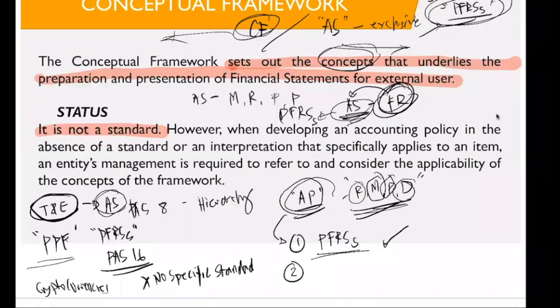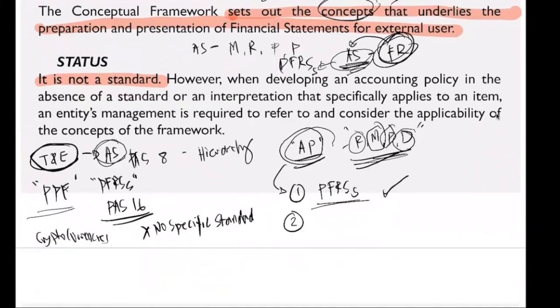Since there is no specific standard, what do we use? Okay. If there is no specific standard, an absence of standard, you must use judgment. In using your judgment, you must refer to the following. First, your other PFRSs. Sir, what do we mean by other PFRSs?